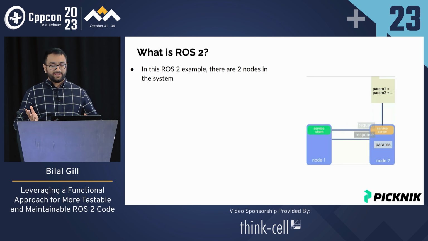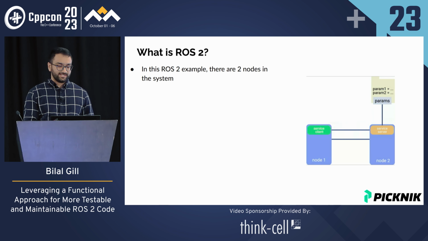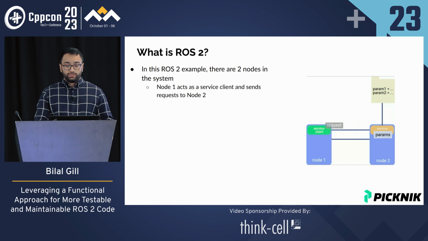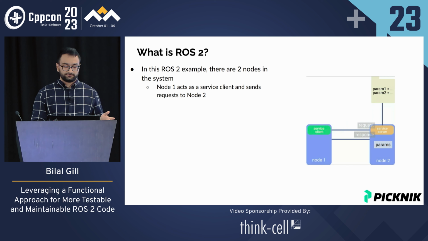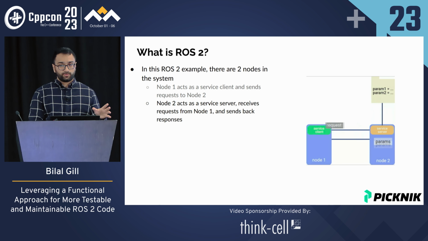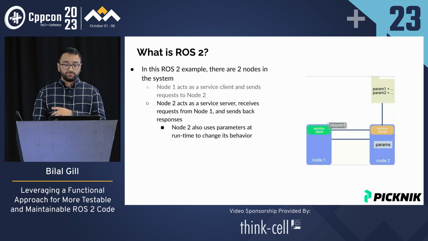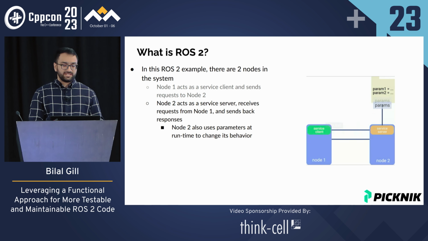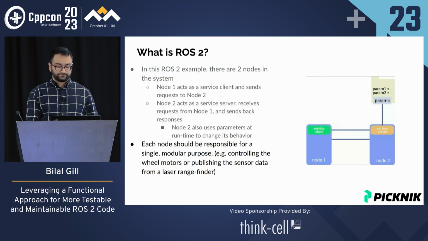Over here, I have an example of a ROS2 system, and there are 2 nodes in the system, as you can tell. Node 1 acts as a service client and sends requests to Node 2. Node 2 acts as a service server, receives the request from Node 1, and sends back responses. Node 2 also uses parameters at runtime to change its behavior. So hopefully you get a better idea of the ROS ecosystem with nodes.